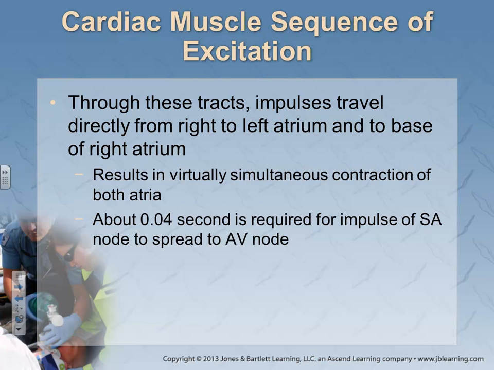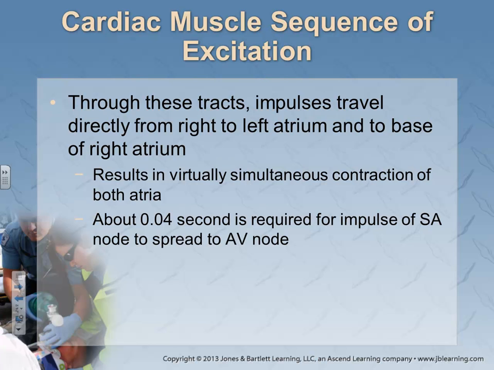All right, so here's some information that's going to be pretty important as we get into looking at EKGs. The impulses travel directly from the right atrium to the left atrium, and from the base of the right atrium it goes to the ventricles, right?